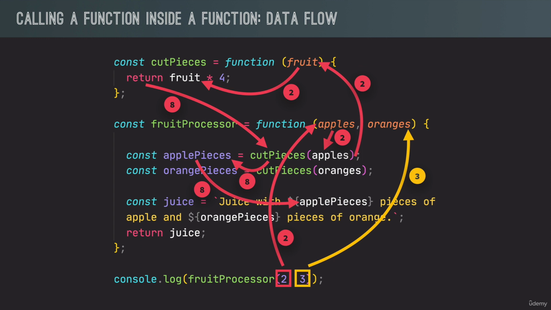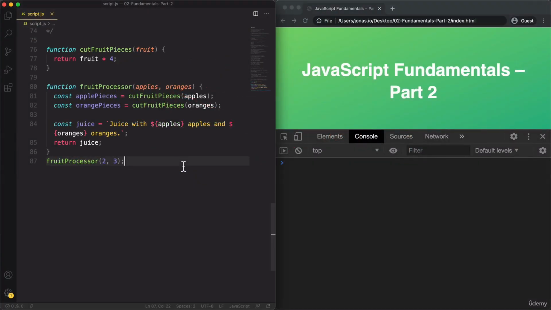So that can be a little bit confusing, so take a second to understand exactly what happens here. And what happened here with the apples variable will of course happen exactly the same with oranges. And so I'm not going to go into that part here, because that would be too confusing having all these arrows here on the slide. But of course you can analyze that for yourself and see exactly what is going to happen. But now let's move back to the code to see how this actually works out in practice.